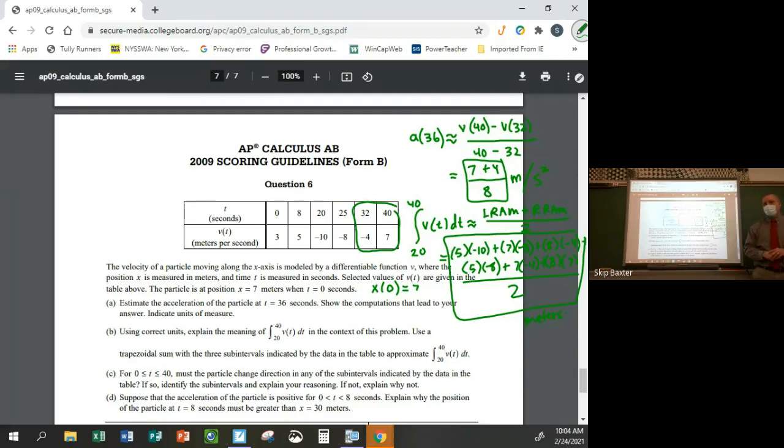Any ideas? What does this have anything to do with it? Acceleration of the particle? What does that tell you about the table?